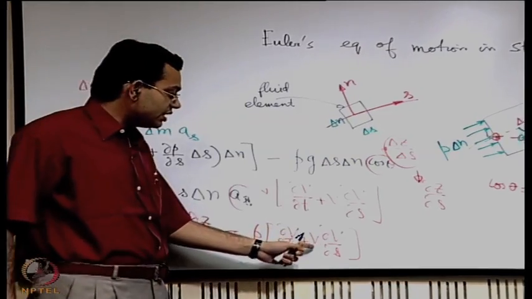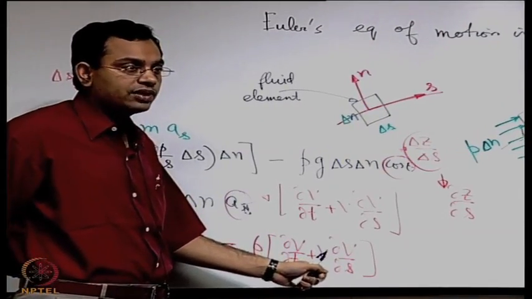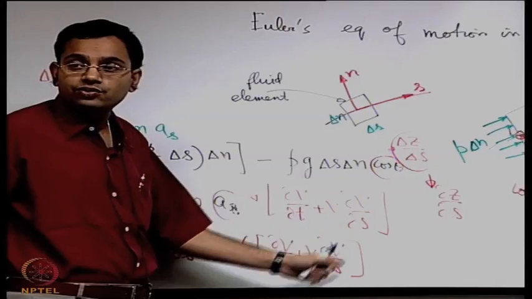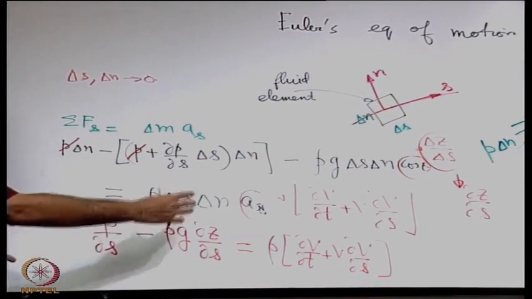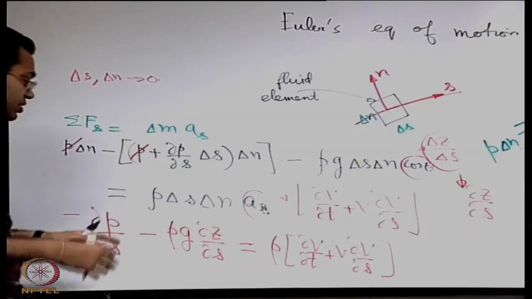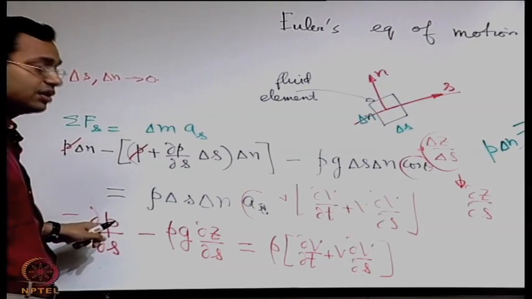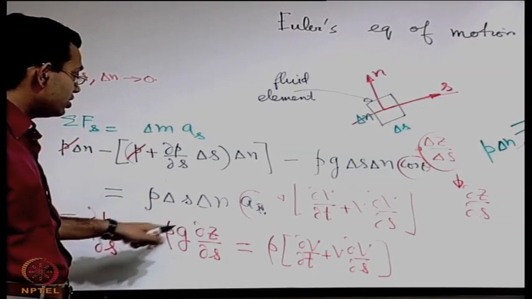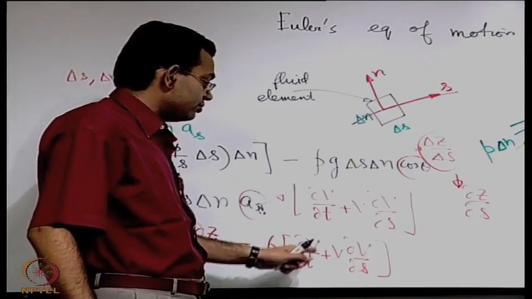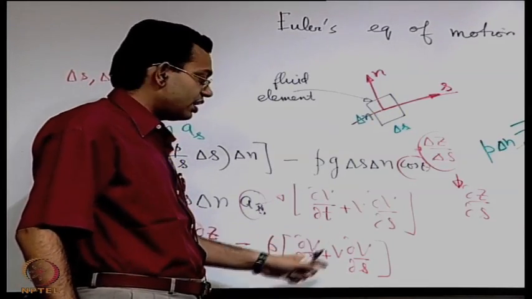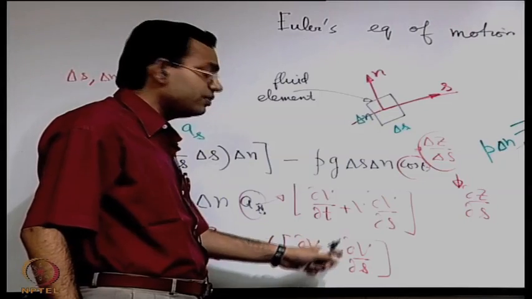You can clearly see that this v dv/ds type of term you can write d/ds of v square by 2. So when you have all the terms like d/ds of something and you integrate with respect to s, this will become like change in pressure, this will become like rho g dz, this will become rho dv/dt multiplied by ds, and this will become d of v square by 2.